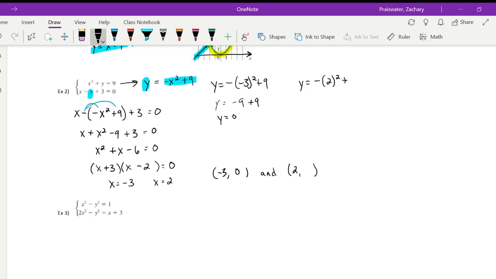When you square the 2, you're not squaring the negative. So it's positive 4, but the negative in front gives you negative 4 plus 9. And that gives you 5. And so you have two solutions here. If you plug them into both equations, they should make the system true.